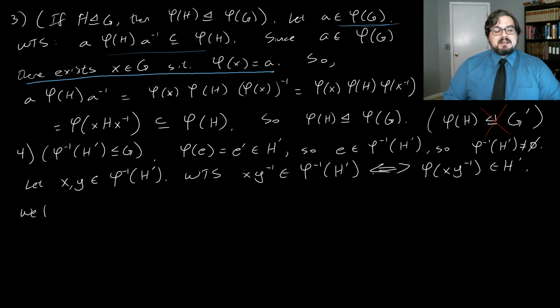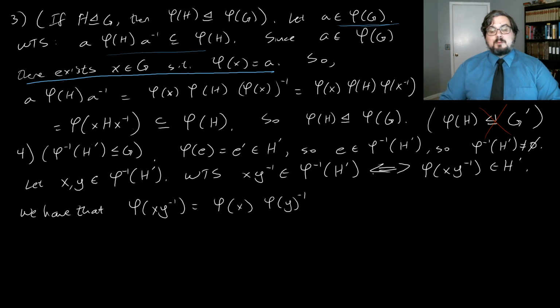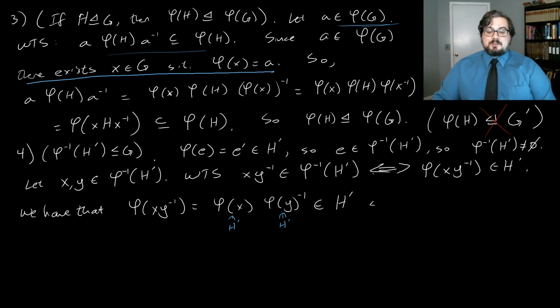So we have that phi of XY inverse, by the fact that phi is a homomorphism, is phi of X times phi of Y inverse. Now, phi of X belongs to H prime, and phi of Y belongs to H prime, and H prime is a subgroup of G prime. That's part of our hypotheses. And therefore, this is all contained in H prime.